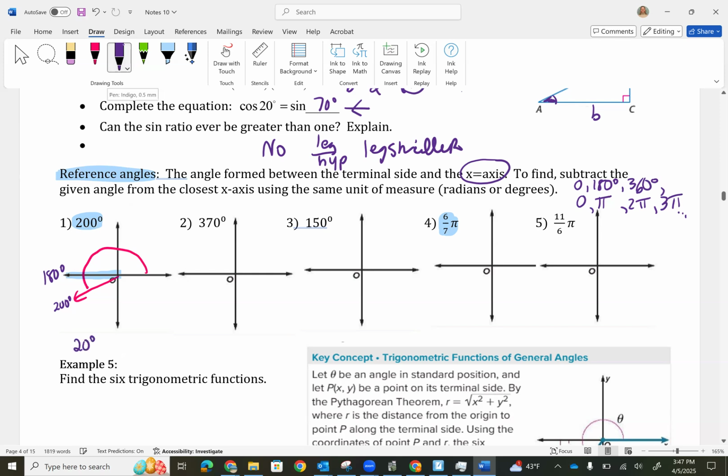The reference angle, or how far it is from the x-axis, is 20 degrees. And we often call that theta prime. So although the original theta is 200 degrees, the closest x-axis is only 20 degrees away. The reference angle is always positive.